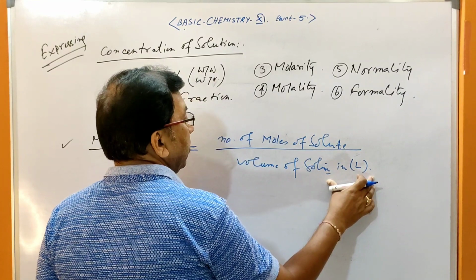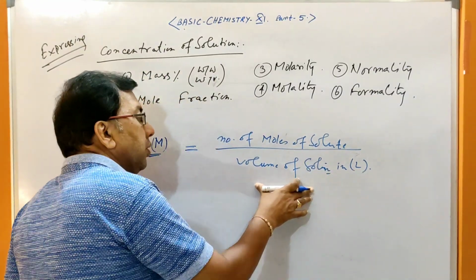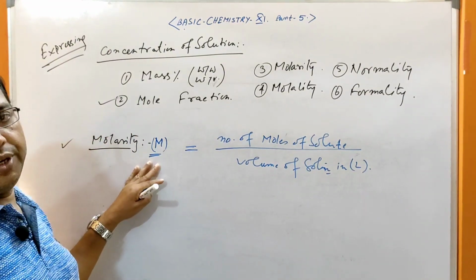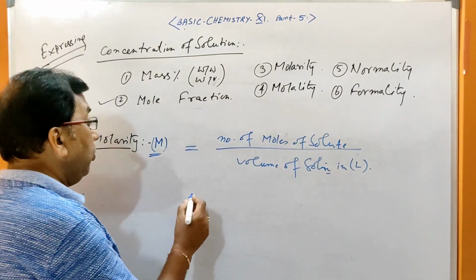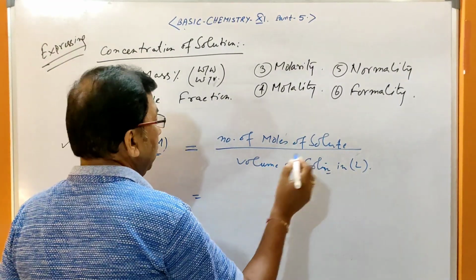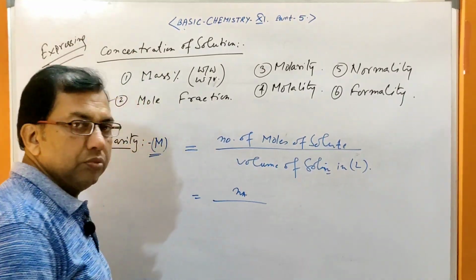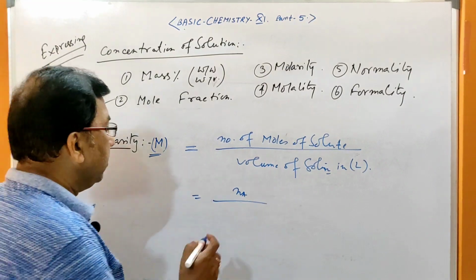How many moles of solute are present in one liter? That is the molarity. So the number of moles of solute Na divided by total volume V in liter.